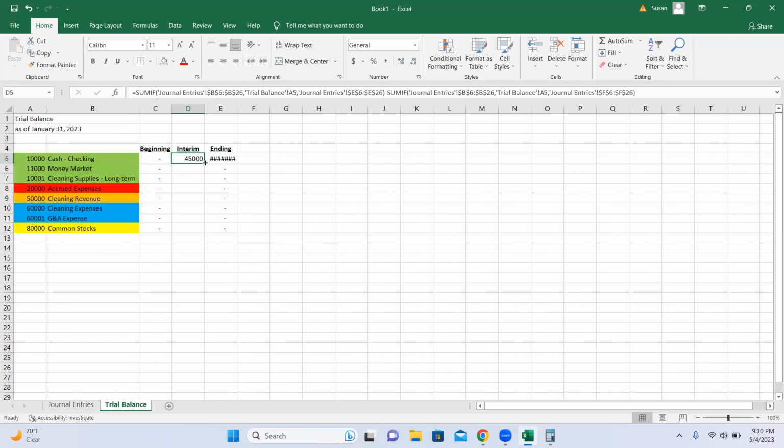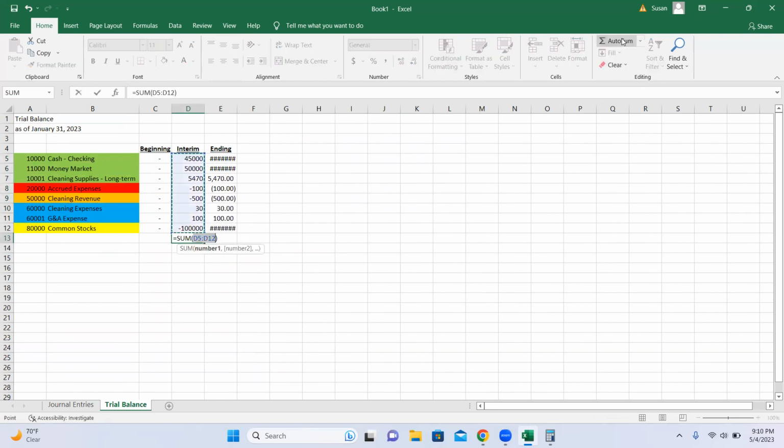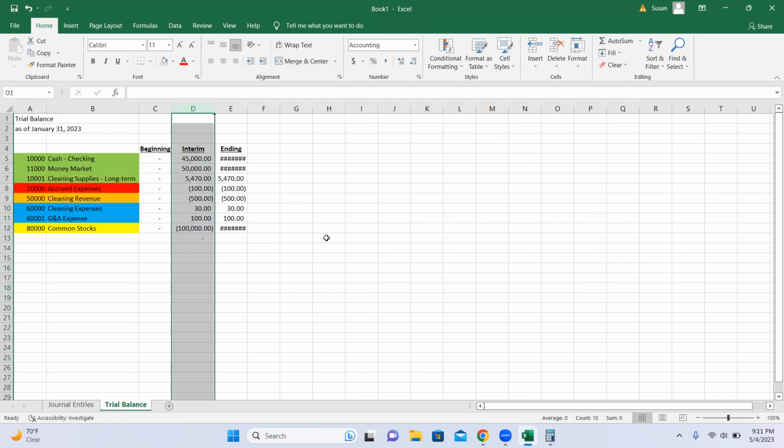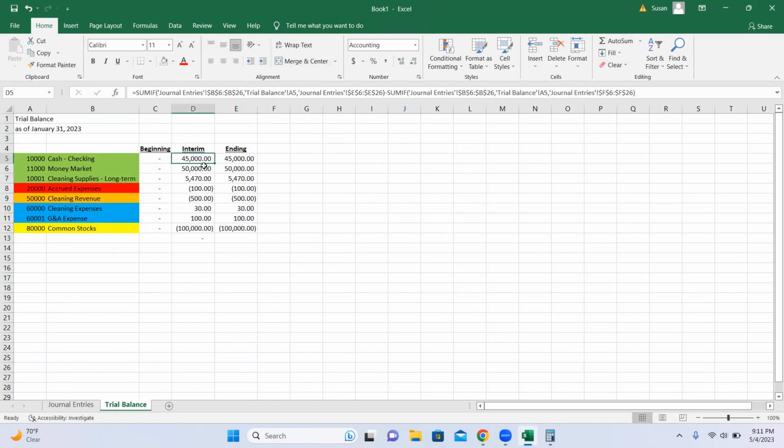And so now I will bring this down and total it, and it's a 0. So that means our debits and credits balance with each other. And so basically this is telling me the total balance of our debits and credits.